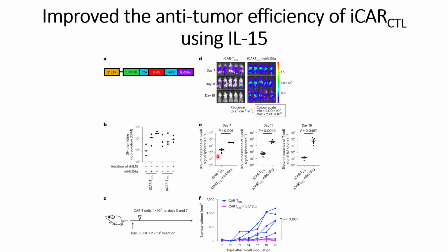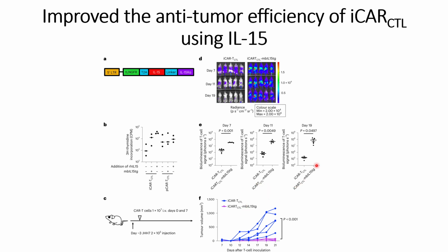When they check the anti-tumor efficiency, they are able to see similar results, that is when the iCAR-T cells are used along with the mouse interleukin 15 cytokines, they are able to see high tumor suppression, and this increased suppression is statistically significant compared to the case of iCAR-T cells without interleukin 15.